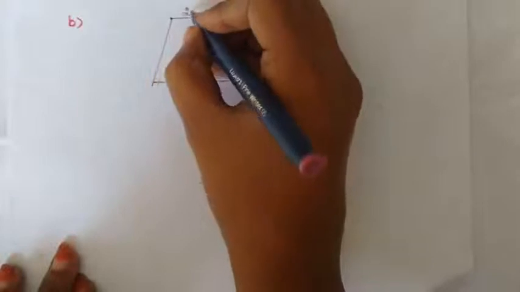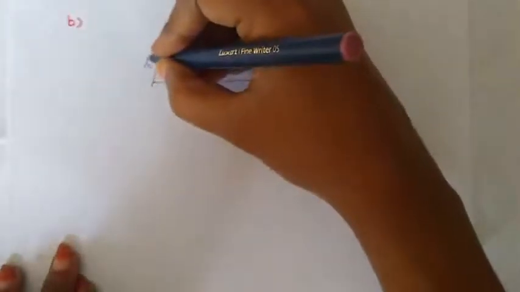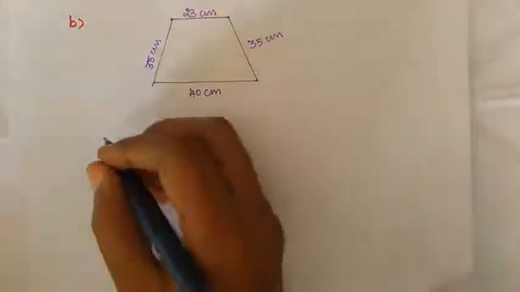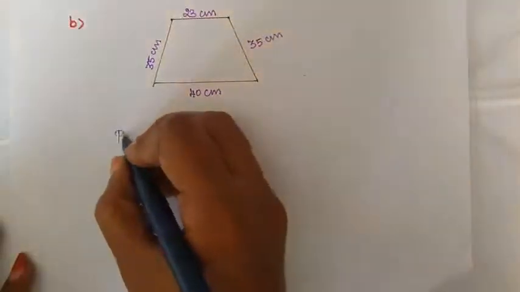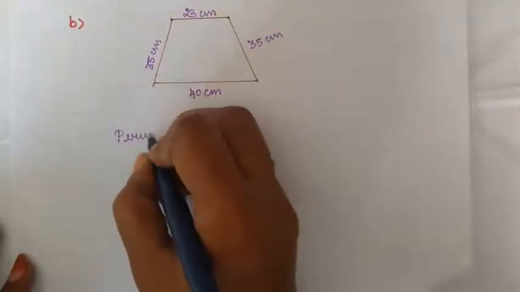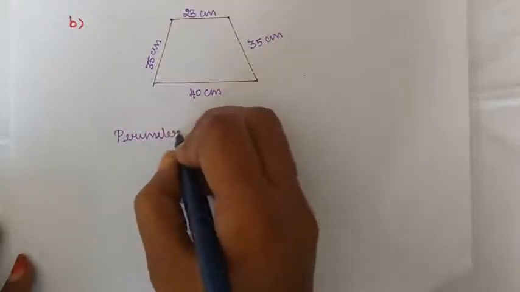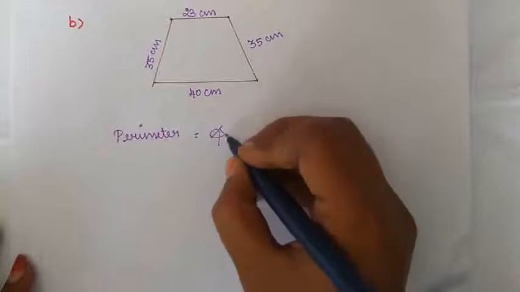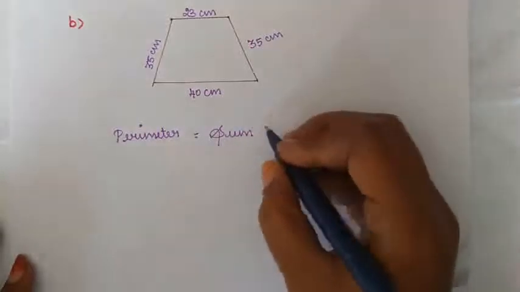This one is 23 centimeter. And this is 35 centimeter. What is the formula for perimeter? Perimeter is the sum of all sides. Here how many sides are there? There are 4 sides. So we have to add the lengths of the 4 sides.